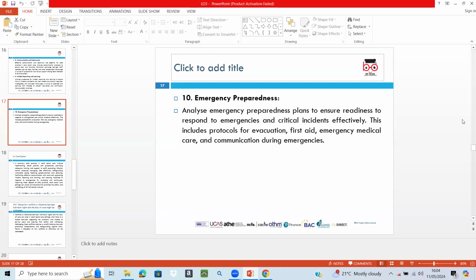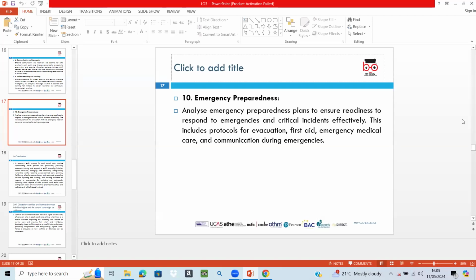And this includes reviewing plans for evacuation procedures. For example, we have first aid responses, emergency medical care access, and communication strategies during emergencies. And by analyzing these plans, caregivers can identify potential areas for improvement and ensure the readiness of staff to handle various emergency scenarios promptly and effectively.